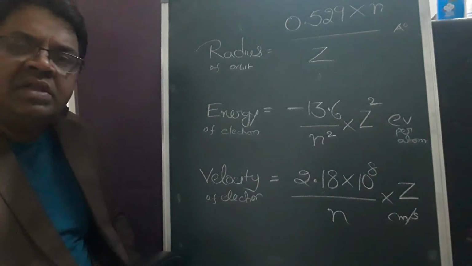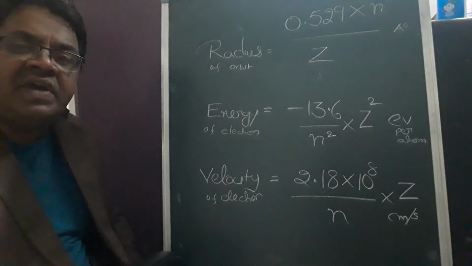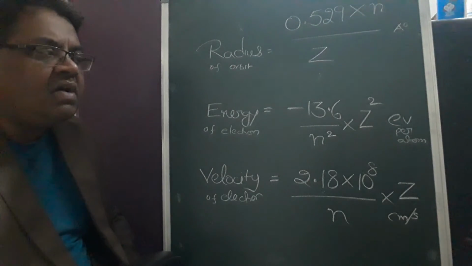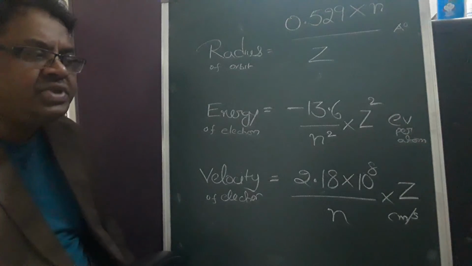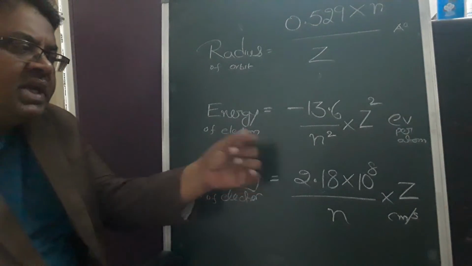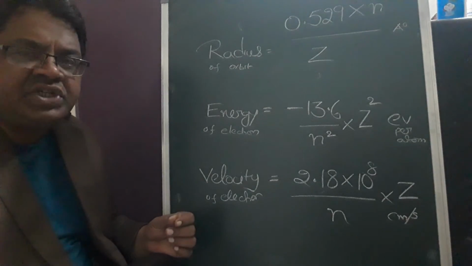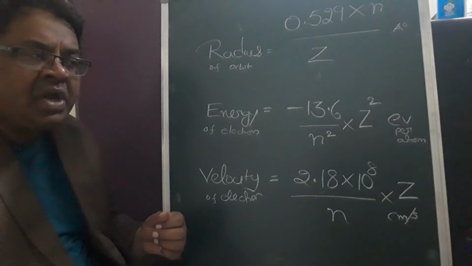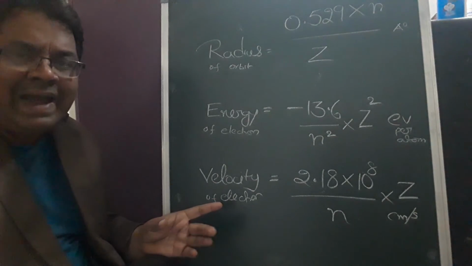Then we go to the energy of the electron. How can you identify the energy of an electron in different orbits? The formula is −13.6 × Z²/n². Here n is, as I said, the shell number, and Z is the atomic number, and you have to observe the units carefully, eV per atom.